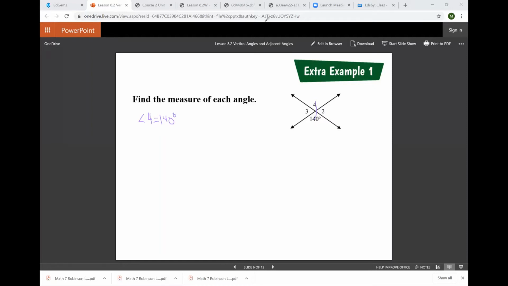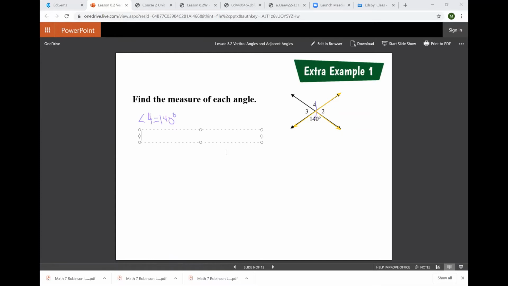I'm going to do the same thing I did for the other angle. I'm going to make it yellow. Remember, if you know one side, and it's a straight line like this, I can figure out the other side.